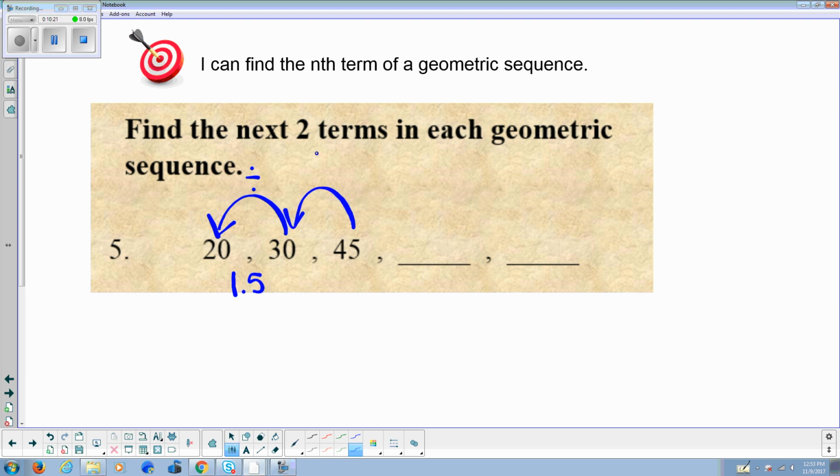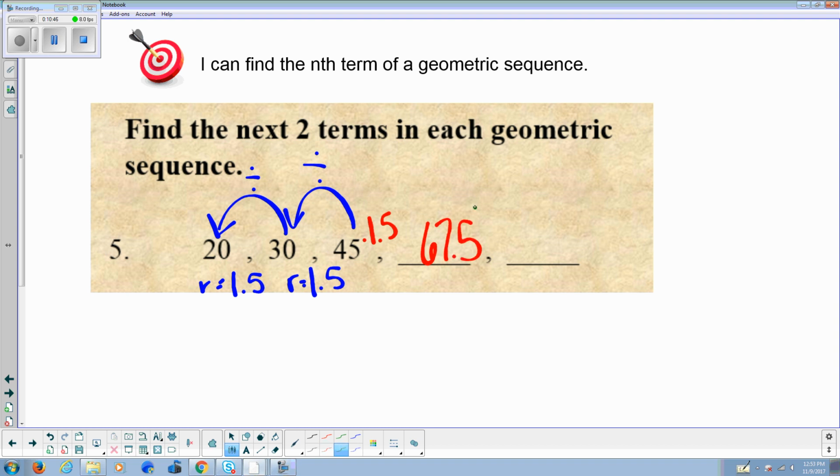Check that here. 45 divided by 30 is also 1.5. So we have a common ratio of 1.5. R is 1.5. So in order to extend the pattern, we're going to multiply by 1.5. So 45 times 1.5 is 67.5.